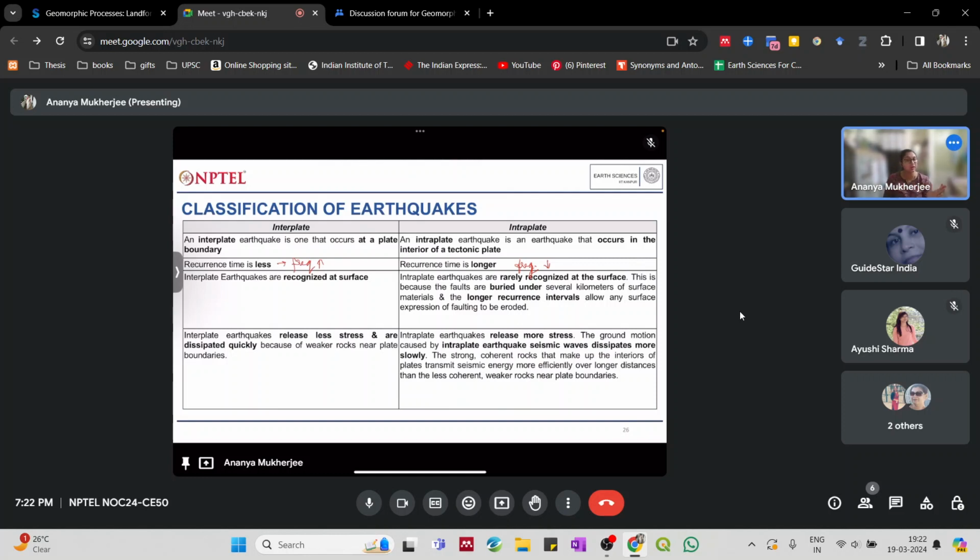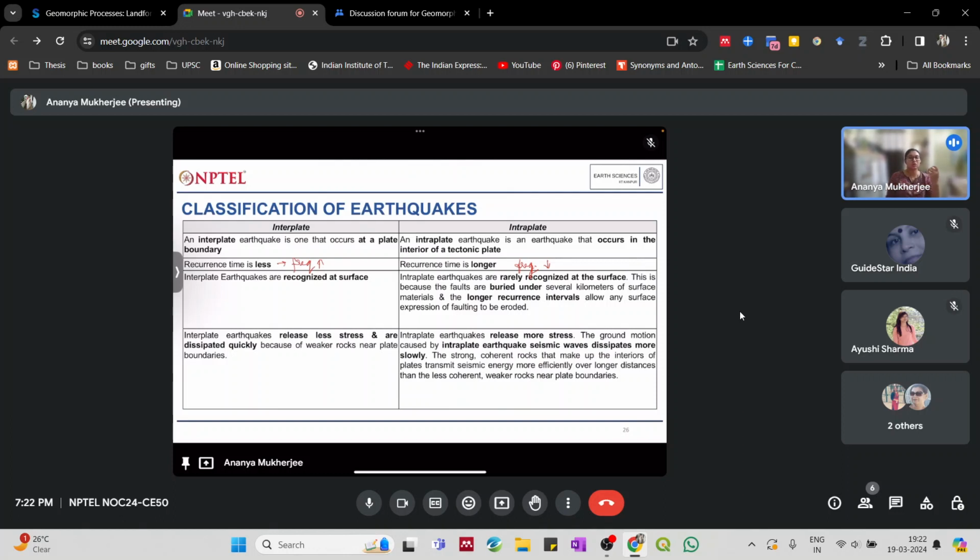But intraplate earthquakes release more stress, and the ground motion is amplified if there are no weaker rocks present which can absorb the seismic waves traveling from the focus of the earthquake to the region which is getting affected.